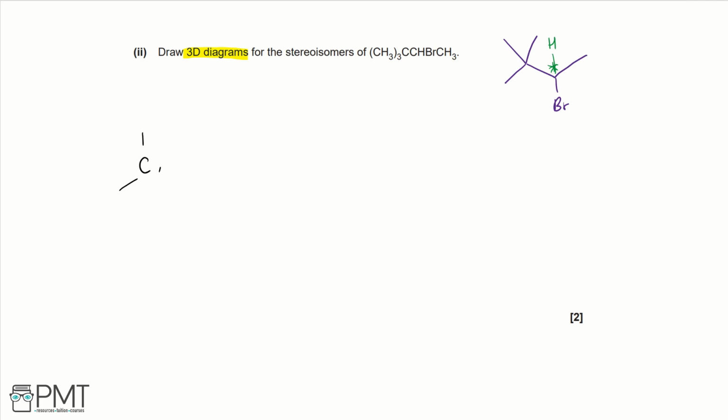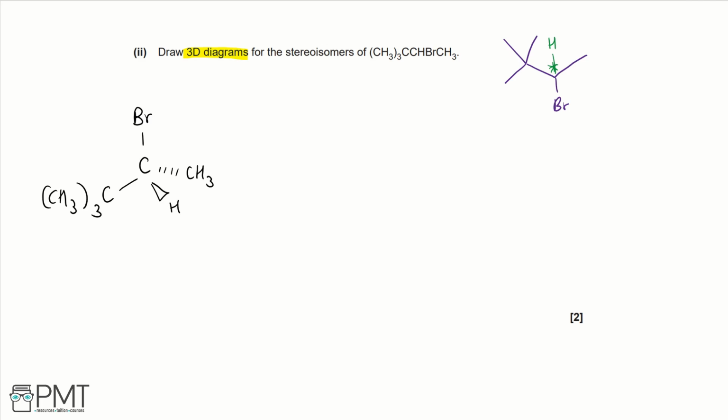So if I draw the dashed wedge here and then the solid wedge, we'll have bromine on the top, our methyl side groups here, where we have CH3 and 3 of them. Then we're going to have our hydrogen and our CH3.